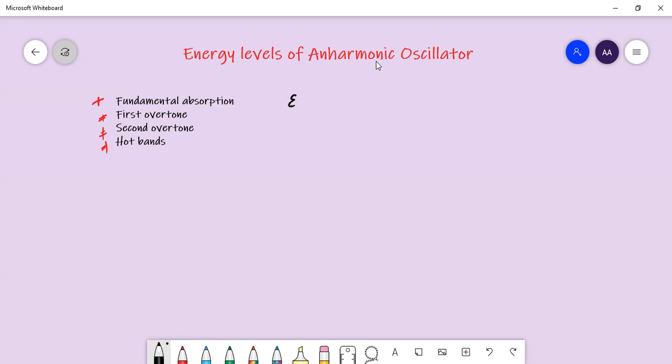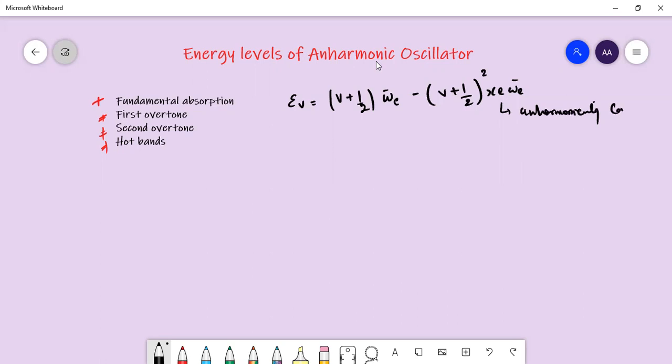The energy of an anharmonic oscillator is given by E_v = (v + 1/2) ω_e bar − (v + 1/2)² ω_e bar x_e. Here v is the vibrational quantum number, ω_e is the oscillation frequency, and x_e is the anharmonicity constant.